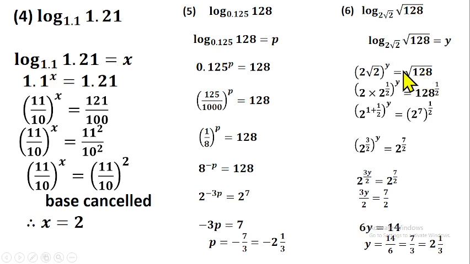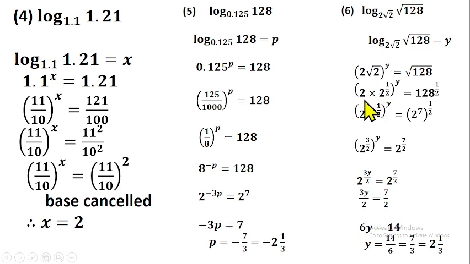Do we understand that? So from there, what can we do? Your idea of indices will help you a lot here. If you understand indices very well, you understand this now. We understand what square root means. Square root of 2 means 2 raised to power half.